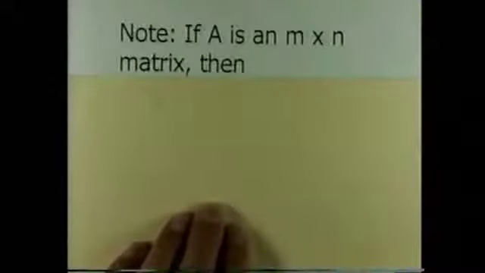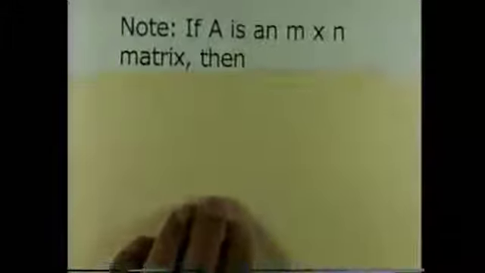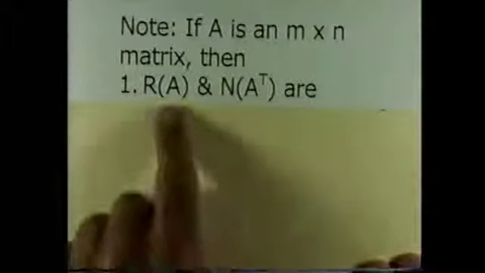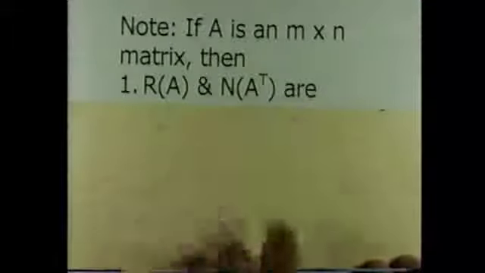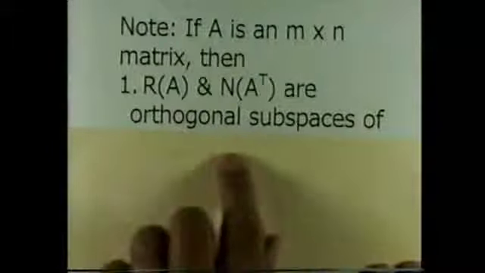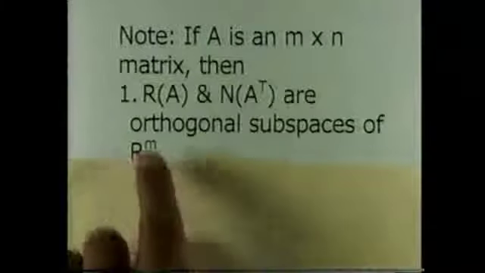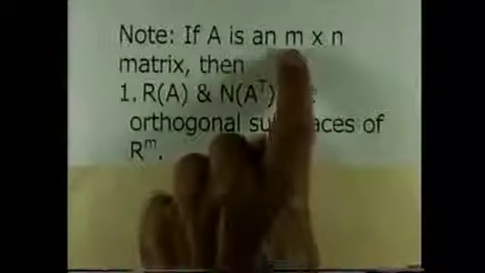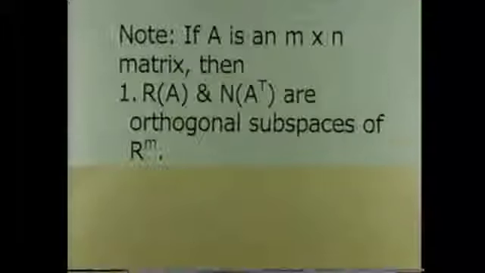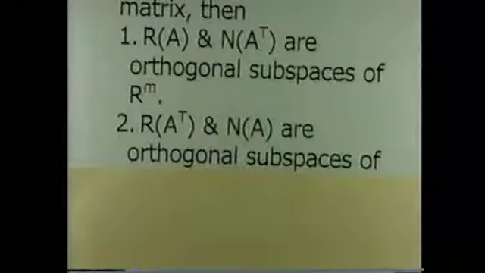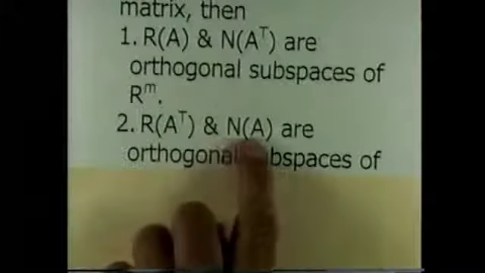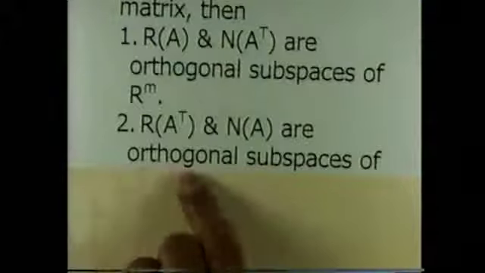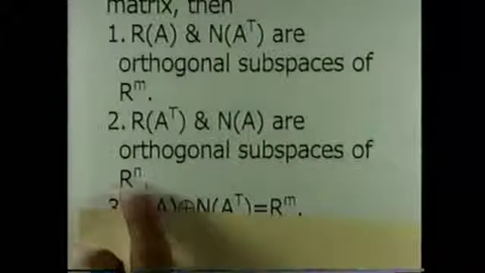Now I have some important properties for you. If A is an M by N matrix, then the column space of A and the null space of A transpose are orthogonal subspaces of M space. And notice M is the number of rows. The column space of A transpose and the null space of A are orthogonal subspaces of N space.